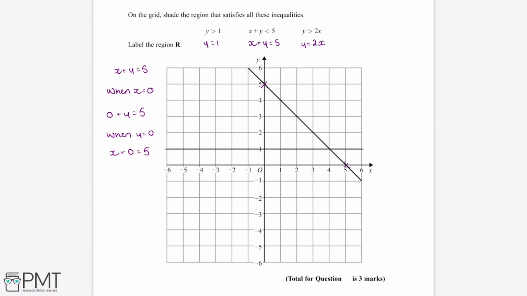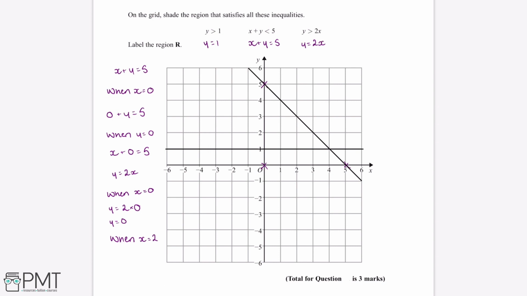And we can use the same process for the line y equals 2x. So again, we can choose 2 values to substitute into this equation. So if we start off with x equals 0, when x equals 0, y will be equal to 2 multiplied by 0. So y will be equal to 0. So next we can substitute x equals 2 into this equation.